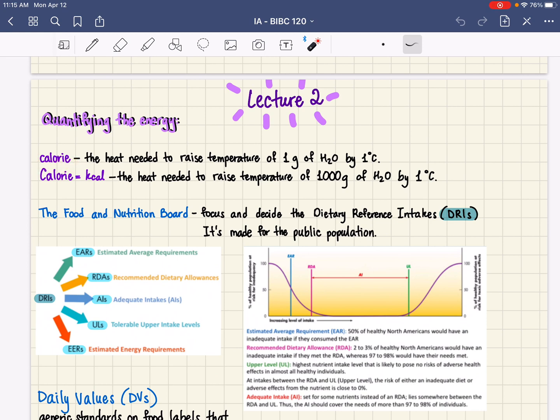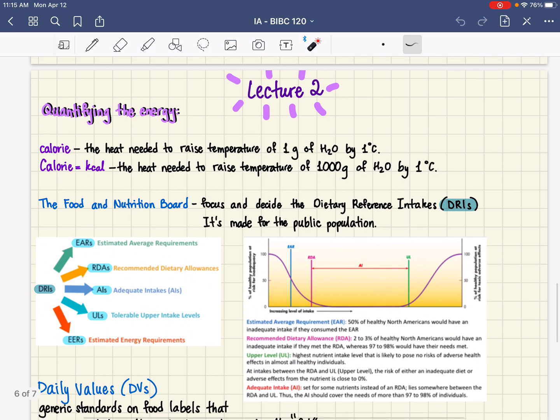A calorie is the heat needed to raise the temperature of 1 gram of water by 1 degree Celsius. Now, a kilocalorie, which is written with a capital C, is the amount of heat needed to raise not just 1 gram of water, but 1,000 grams of water by 1 degree Celsius. So those are just two units that we will be covering throughout this quarter.